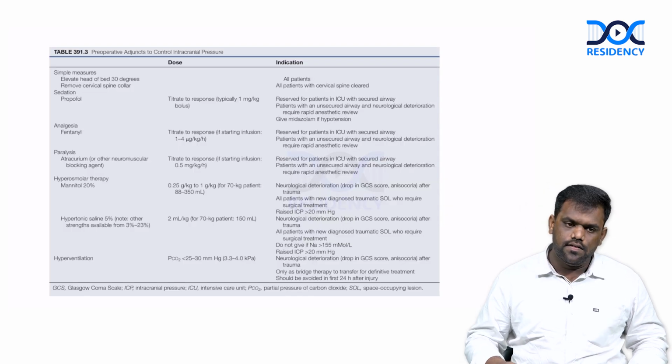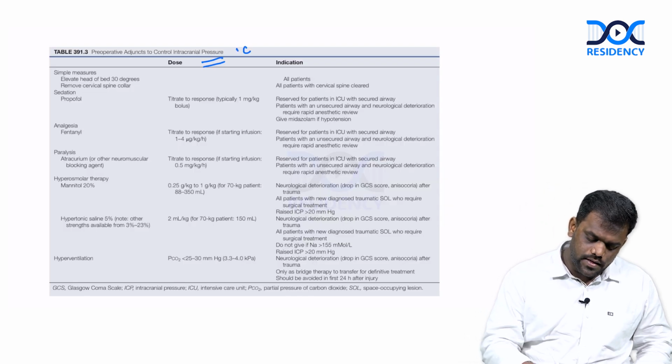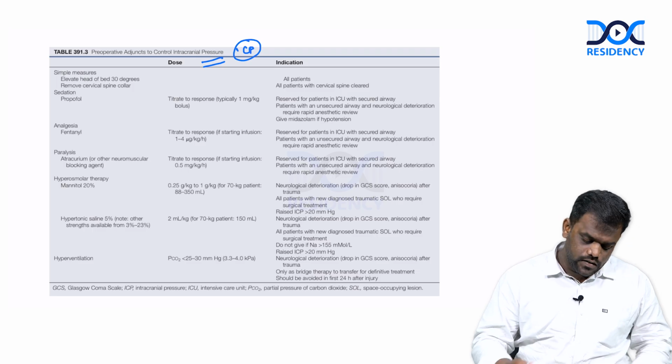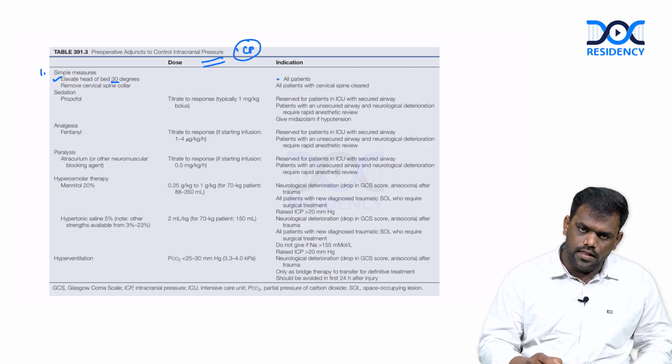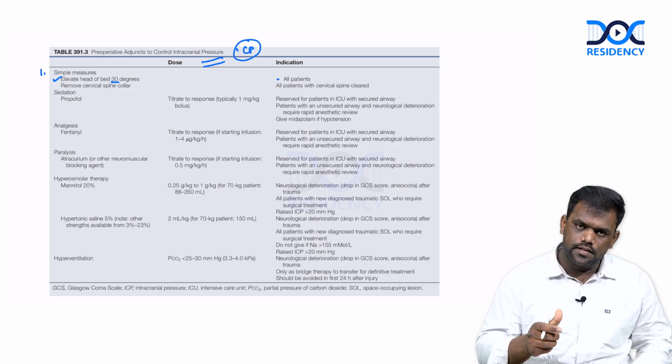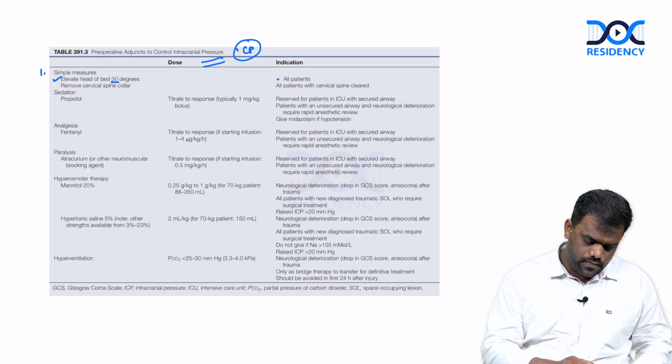So what are the various measures to reduce ICP? Number one, simple measures like elevation of the head of the bed to 30 degrees. That is indicated in all patients. Whatever the head injury, elevating the head to 30 degrees is a simple measure to reduce the ICP.